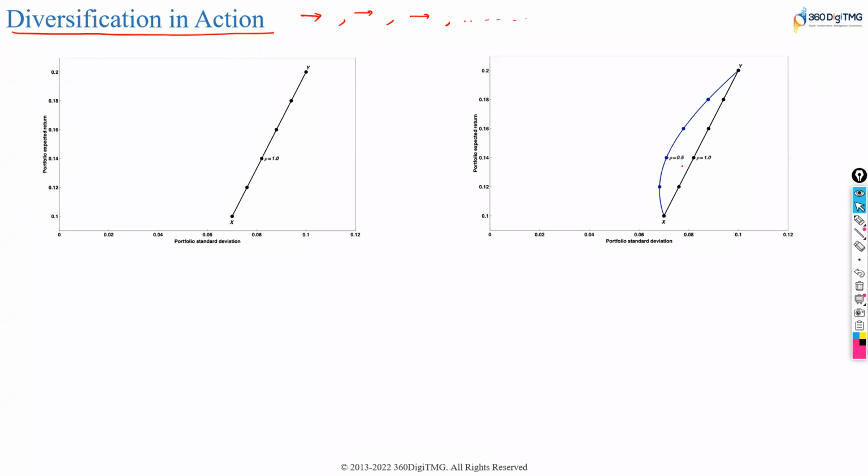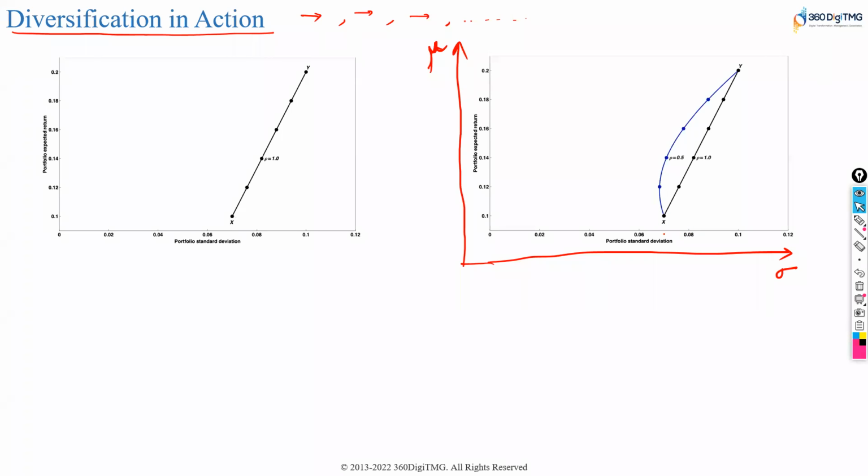Rho equal to 0.5 means the correlation between X and Y is less. The moment the correlation between two assets becomes less, the risk reduces. So if you have risk on x-axis or sigma, and if you have expected return mu on y-axis, then the moment you diversify, risk is reducing.